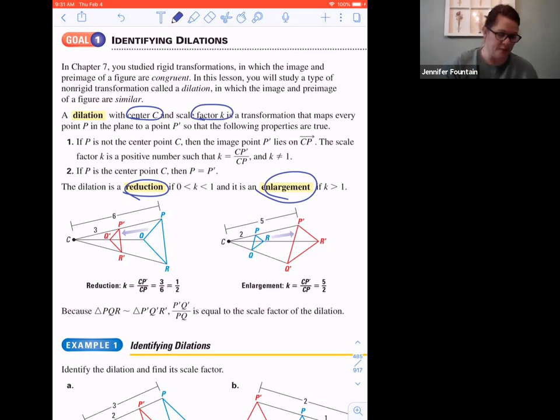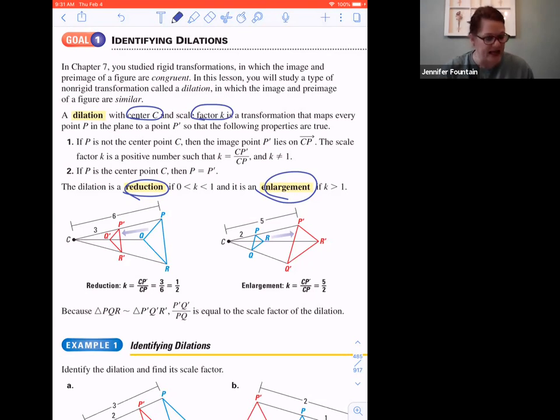In a dilation, every point P in the plane maps to point P prime, so the following properties are true. Number 1, if P is not the center point C, then the image of point P prime lies on ray CP.